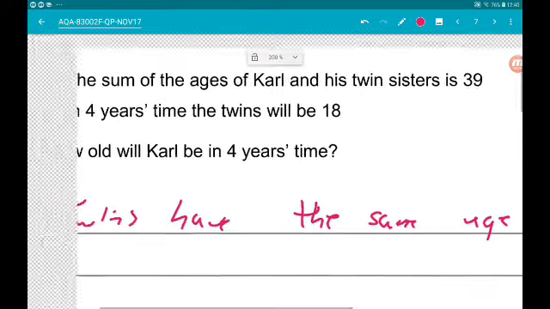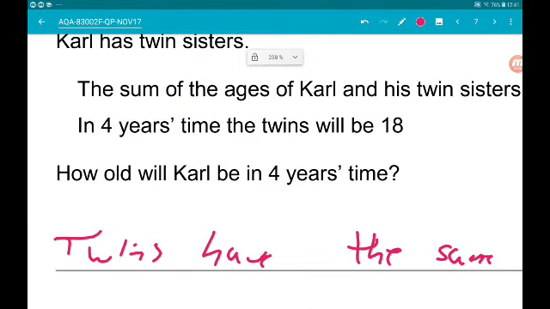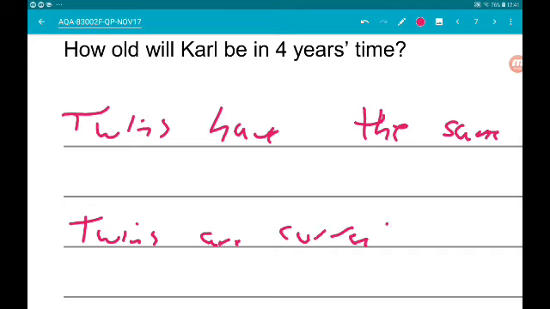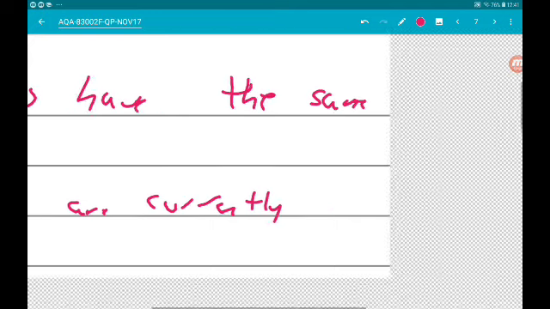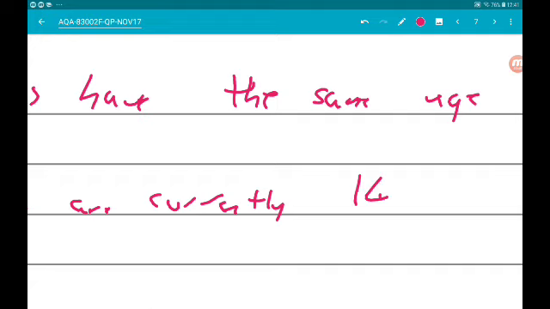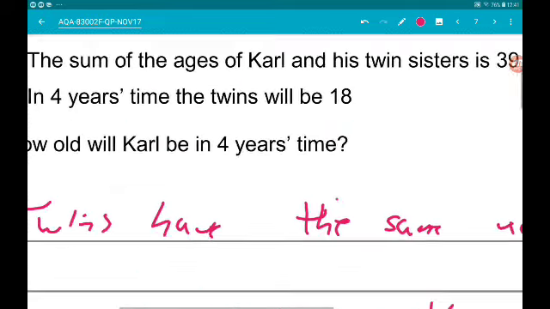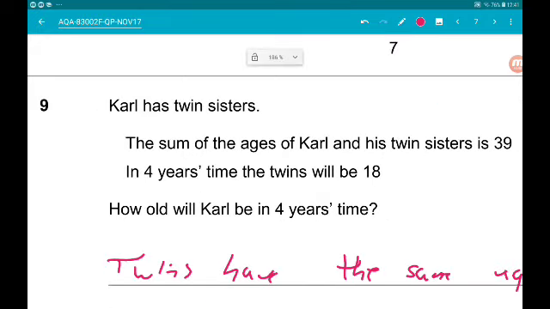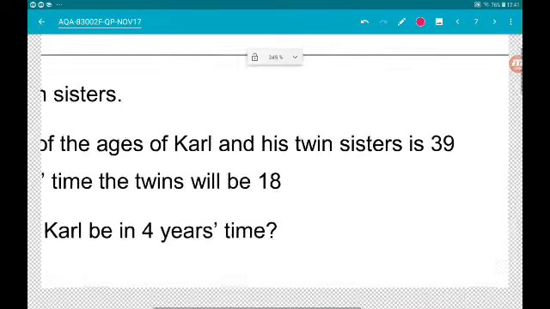So, if in 4 years the twins will be 18, that means the twins are currently 14 years old. Now we're told the sum of the ages of Carl and his sisters is 39.